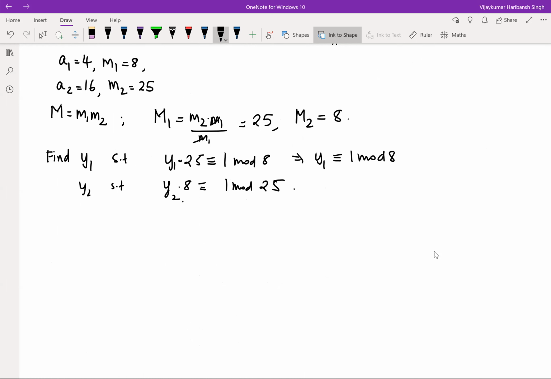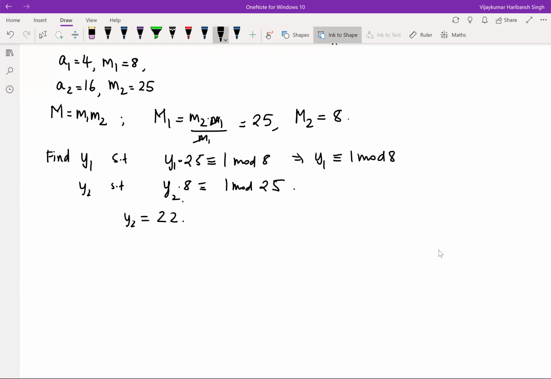So y2: 3 eights are 24, that's not going to work. 4 eights are 32, that will not work. 5 eights are 40, that won't work. 6 eights are 48, no. 7 eights are 56, no. 8 eights are 64, no. After computation, it seems that y2 is 22.